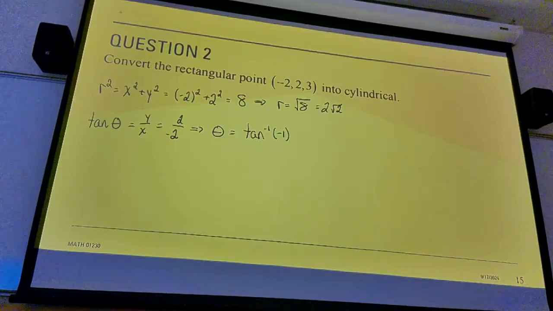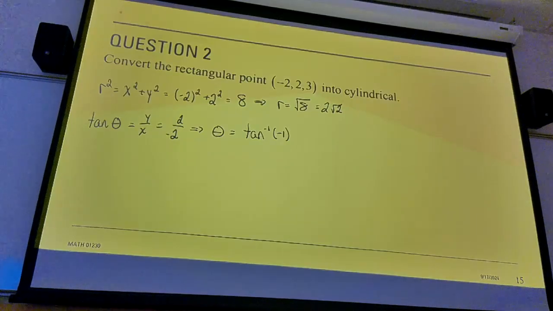So tangent of what angle would be negative 1? 3 pi over 4. That's one of them. What's the second angle? 7 pi over 4. That's what this question is asking. Right away, you can tell you want 3 pi over 4.